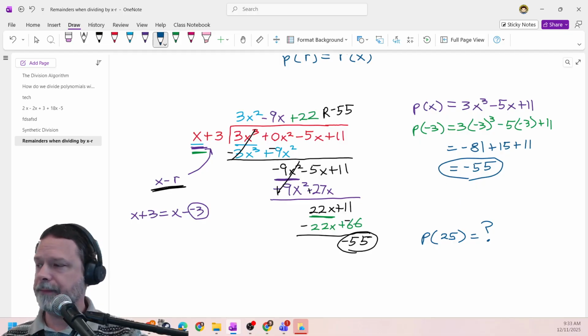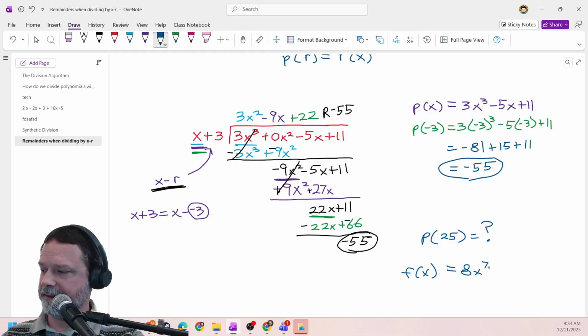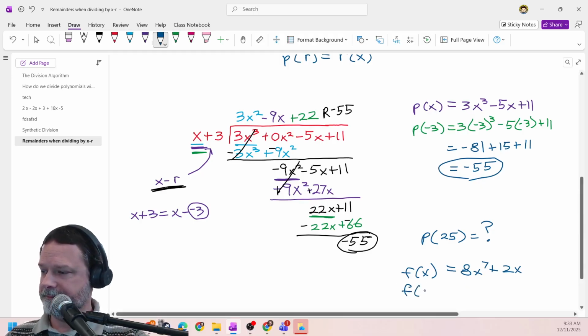Maybe I have f of x is 8x to the 7th plus 2x, and I want to know f of 8. What's that equal? I don't know, just off the top of my head.